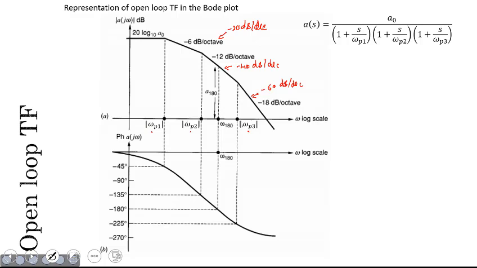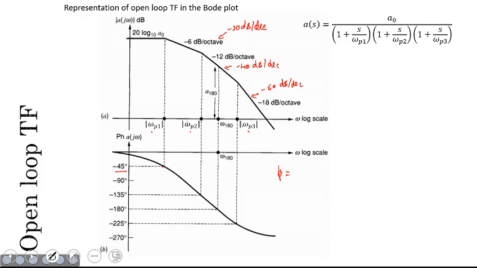And also what we know is the phase angle, right? The phase angle at omega p1, when we encounter the first pole, would be equal to minus 45 degree. Now, how do we evaluate the phase angle? I'll write an expression and show you how exactly this is supposed to be calculated.